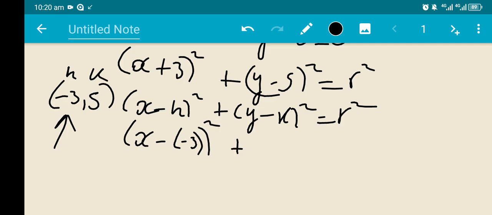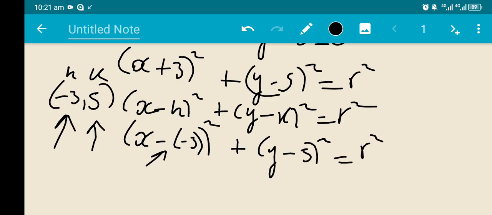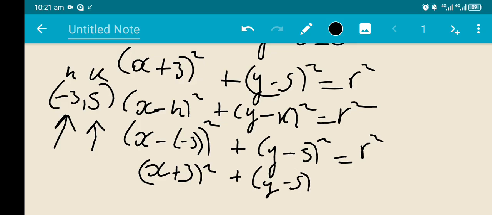Plus y minus, what is our k? Our k is positive 5 there, so minus 5 squared should be equal to r squared. So negative times negative, that would be a positive. So this here would be x plus 3 squared, plus y minus 5 squared, should be equal to r squared.